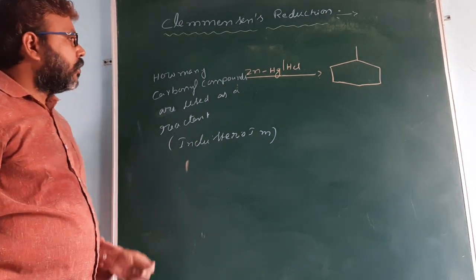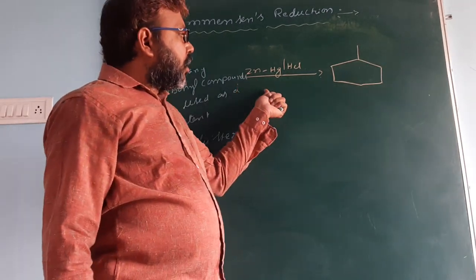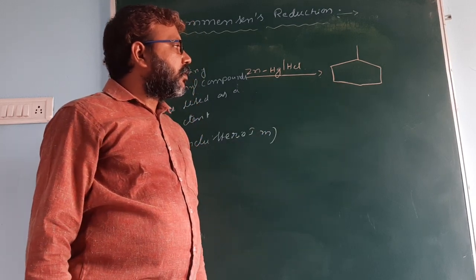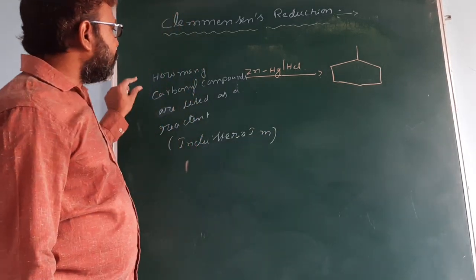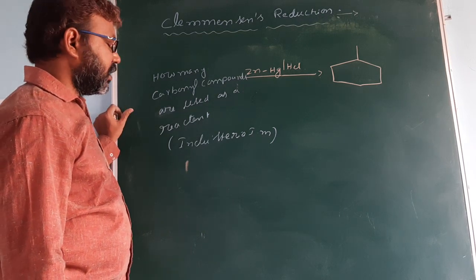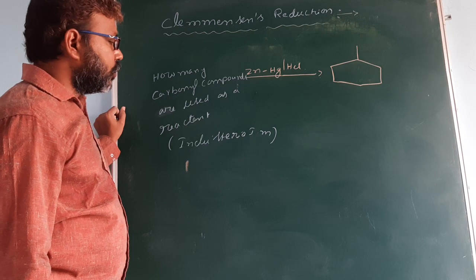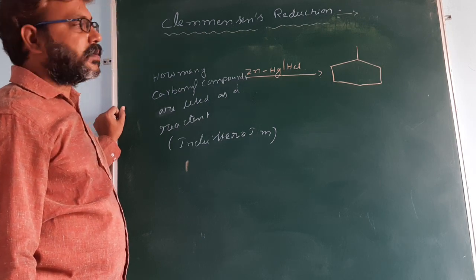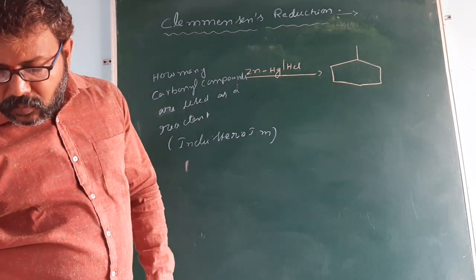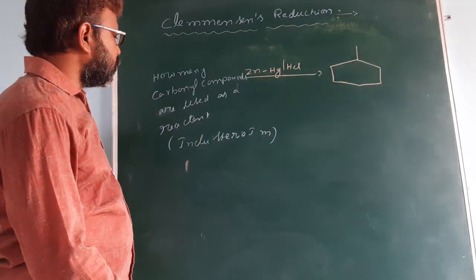Okay, so the question is, the product is 1-methyl cyclohexane. So how many carbonyl compounds are used in this reaction as a reactant, including stereoisomers? Already you know the C double bond O group is converted into CH2.